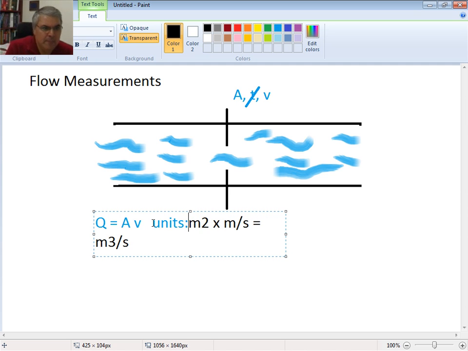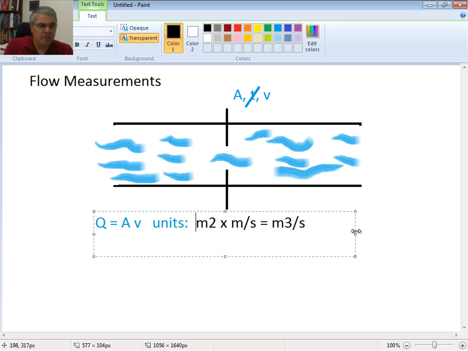So this would be pretty much the flow rate. Now the question that we have here is that there would be somewhat of a fluctuation, since we're dealing with a fluid.